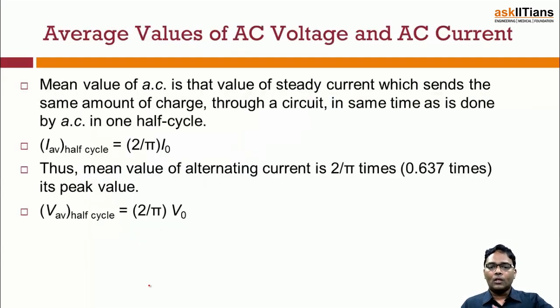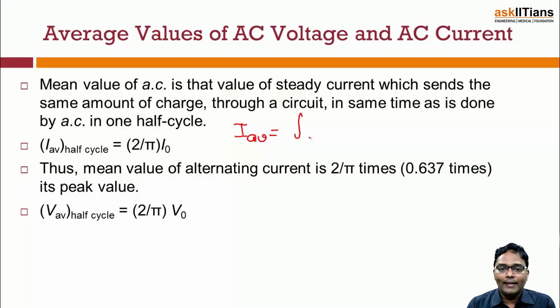Okay. Once we have got to this, we now try to find out the average value. How do we find the average value? For that, we integrate. For a half cycle, the cycle goes from here to here, and this is my total time period.